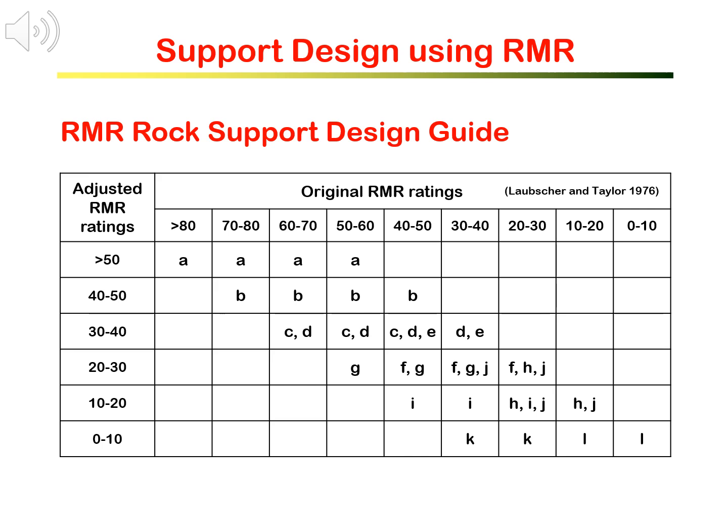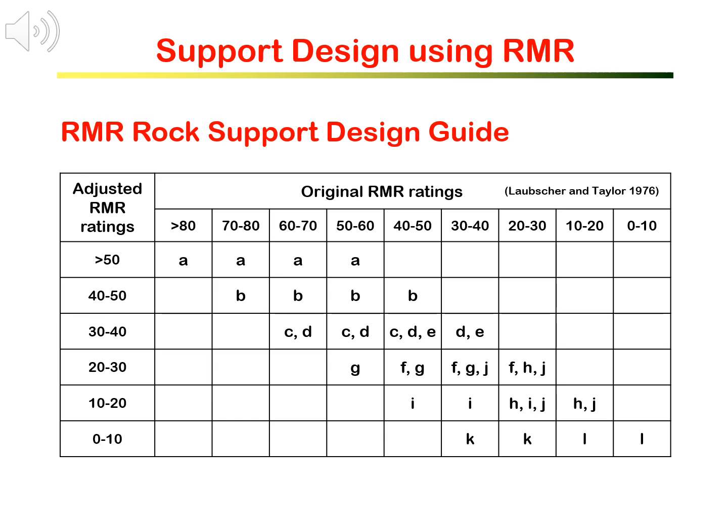For rock support using the RMR system, both the original basic RMR and the adjusted RMR must be used. The rock support design guide using the original RMR and the adjusted RMR is reproduced here.